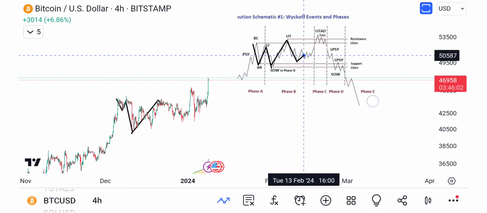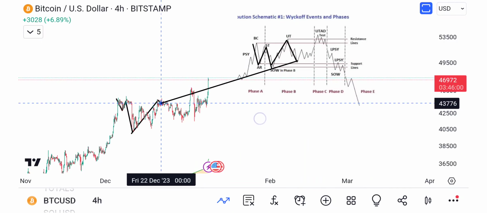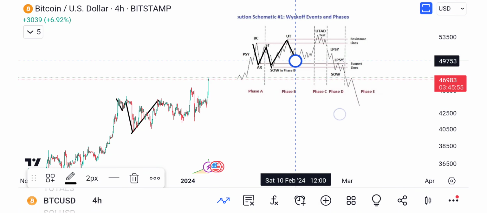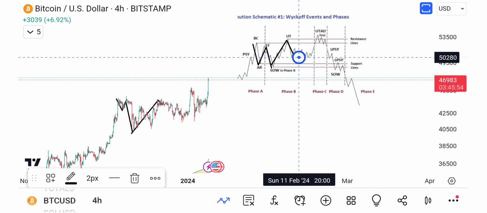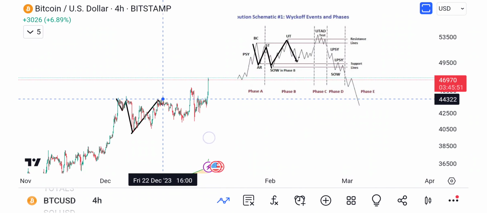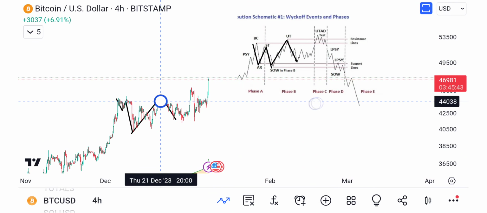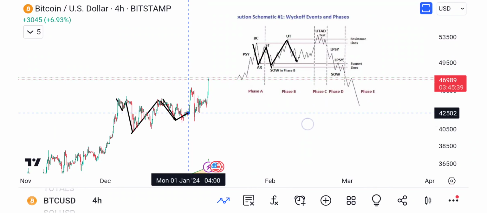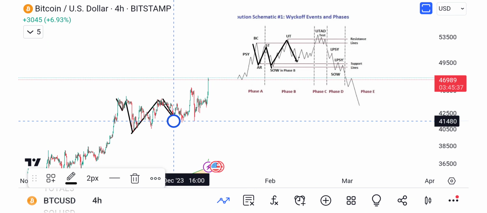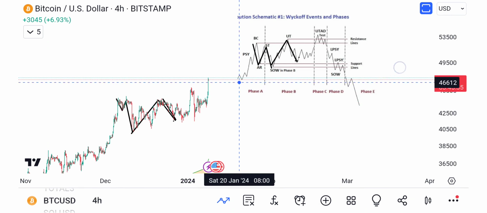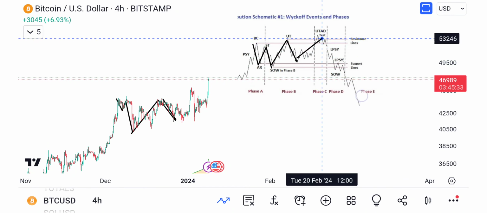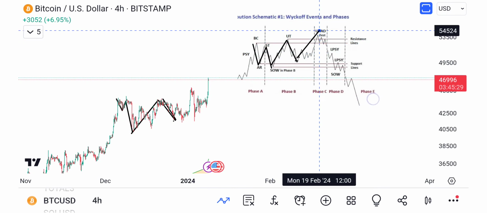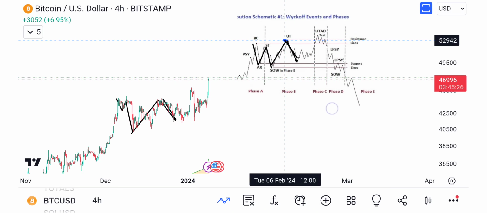Same thing over here. We come down, make a higher low. So right here, higher low, just like over here. And then what next? Well, we come all the way up and we break out, taking out this high, taking out this.